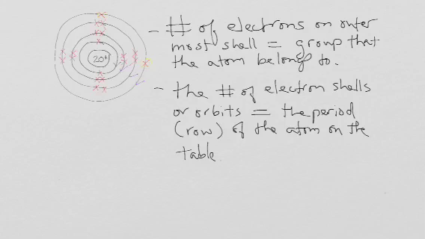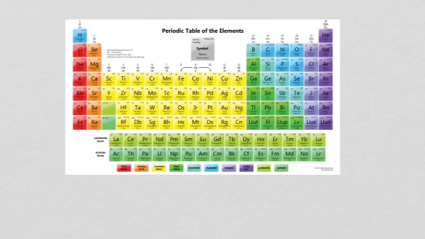Okay? Now, let's look at an actual periodic table of elements. So if we look at this periodic table of elements, I want you to tell me how many elements are in the first period. What is the total number of elements in the first period?